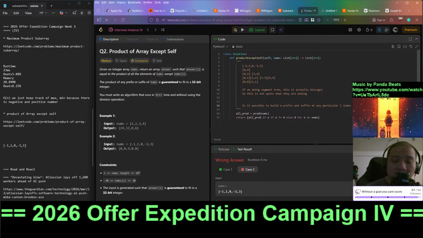So like we see that this is 0, right? So we are at position i equal 2. We want the prefix, and the suffix is going to be -3 and 3, right?